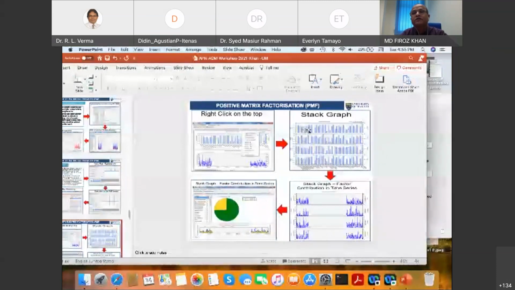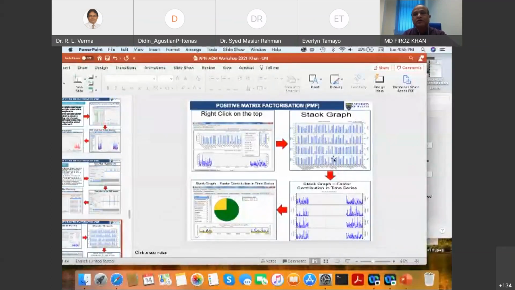Yes, there is some similarity based on their temperature profile, based on their chemical profile, based on their physical properties, based on their unique emission source, right? There should be some similarity, and based on those similarities you can explain, right?